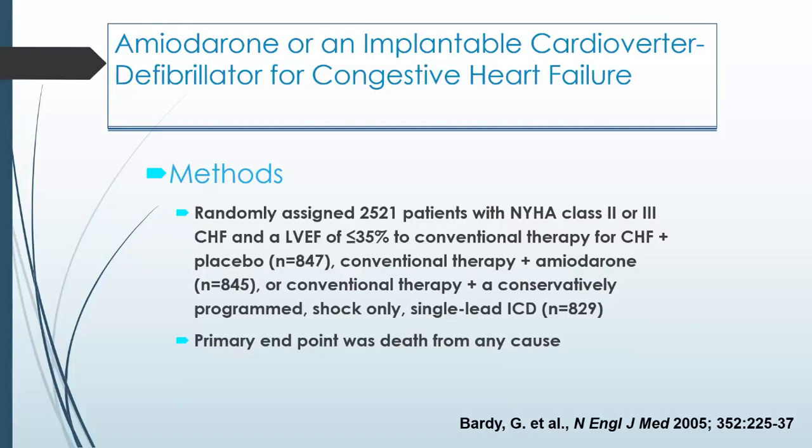And the point of the trial, because these patients are at risk for sudden cardiac death, was to randomize the patients to conventional therapy for congestive heart failure and a placebo, conventional therapy and amiodarone, or conventional therapy and an ICD, implantable cardioverter defibrillator. And a shock-only single lead is just a very basic kind of defibrillator.